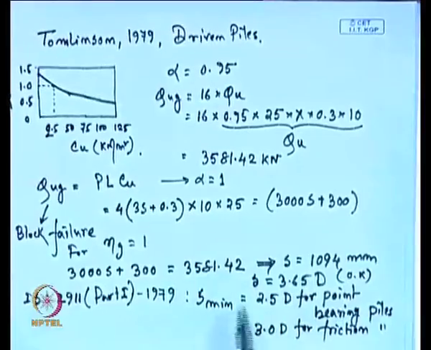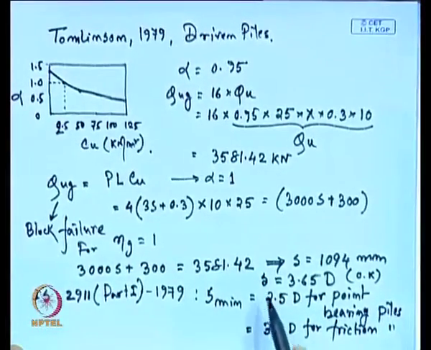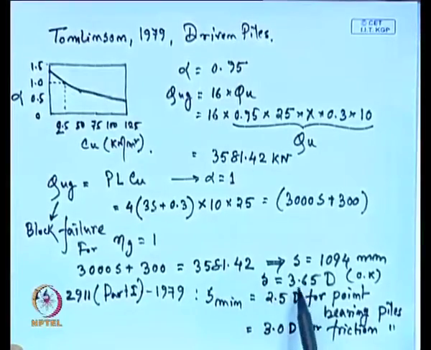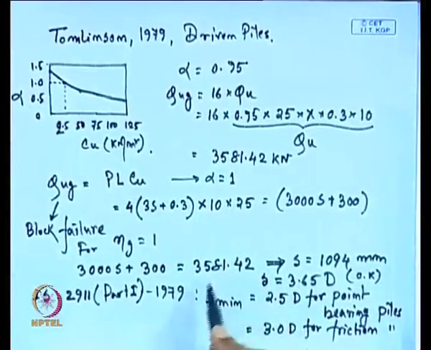So, to get an efficiency of exactly 1, we have to provide a spacing of 3.65 D. Now, if we want to design for a different efficiency, then you have to put that value and calculate the corresponding spacing.